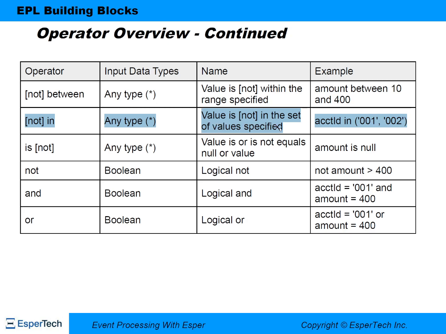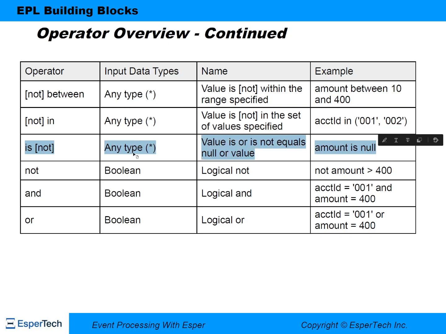For instance, accountId in parenthesis quotes 001, quotes 002. The is and is not operator applies to any input type and checks whether a value is or is not equal to null or a value. For instance, amount is null.